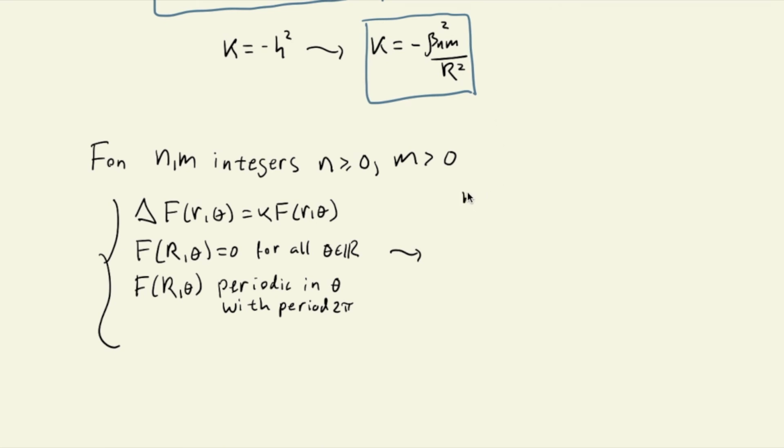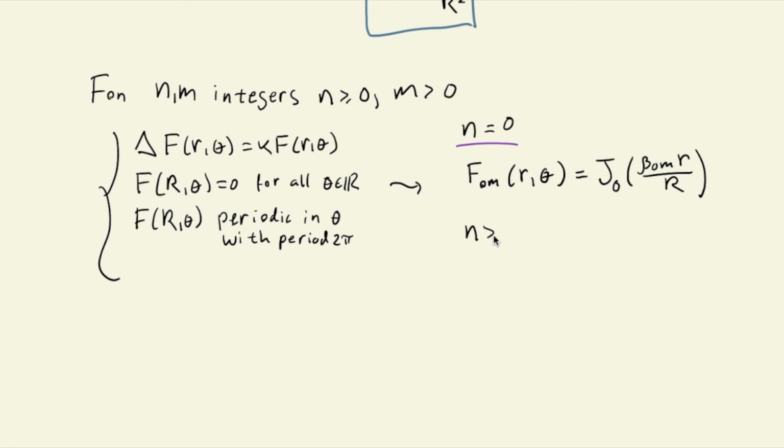For n equals 0, you're going to get f of 0 m of r, theta is p times q, which is going to be j0 of beta 0 m r over capital R times q, but the q0 was just 1, so it doesn't show up.